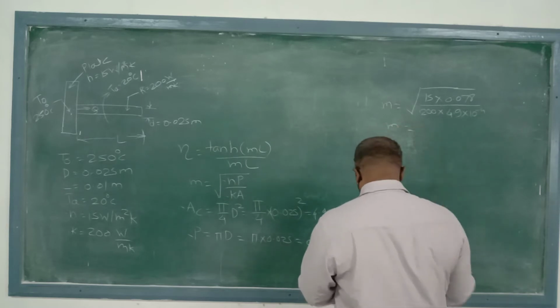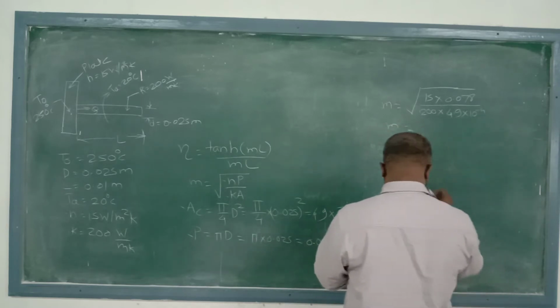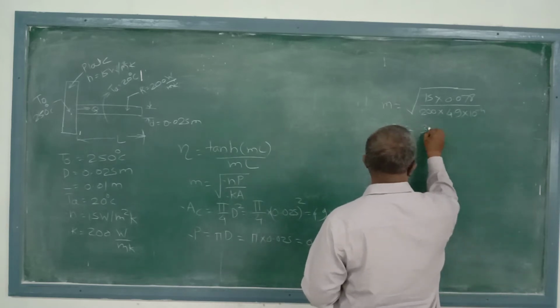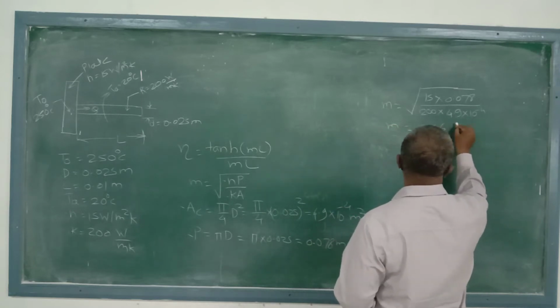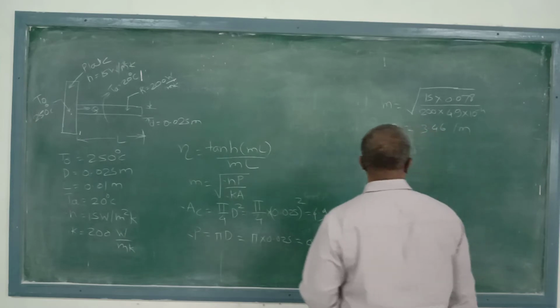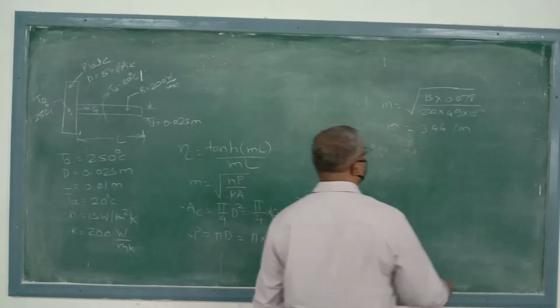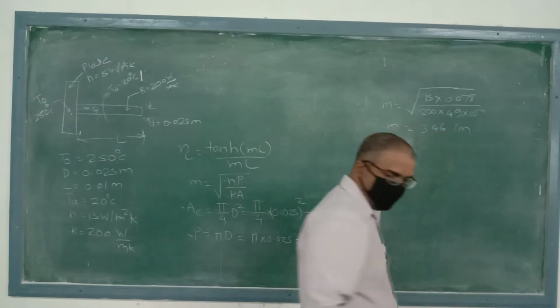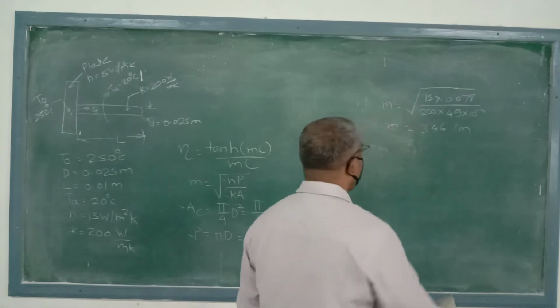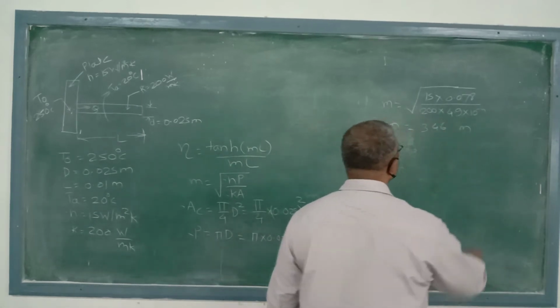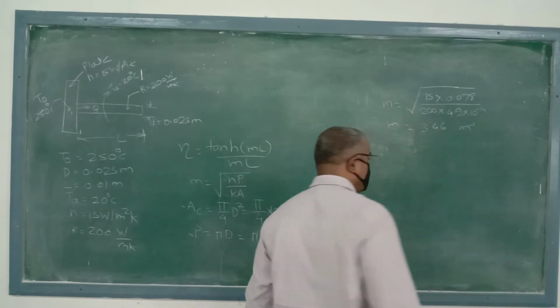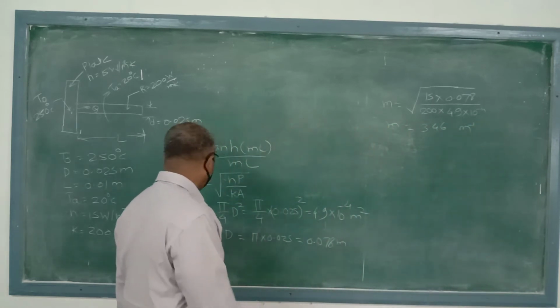So we got the value of m, 3.46 per meter. So value of m we have found.